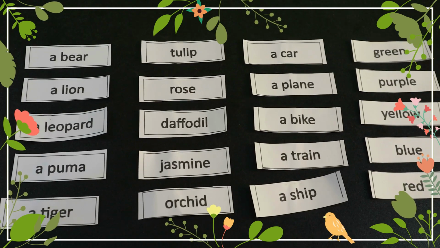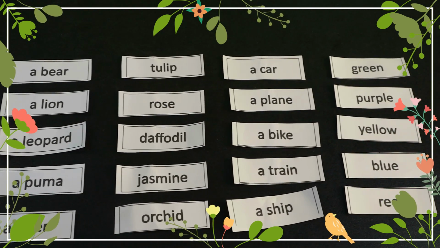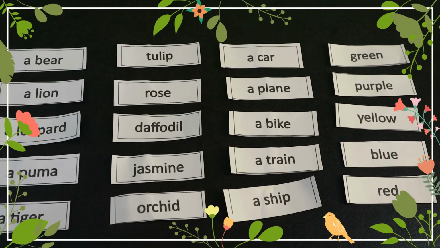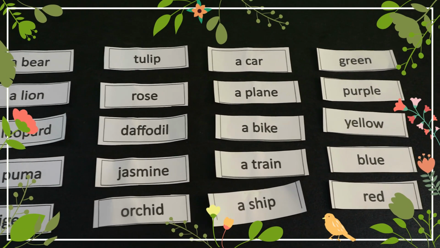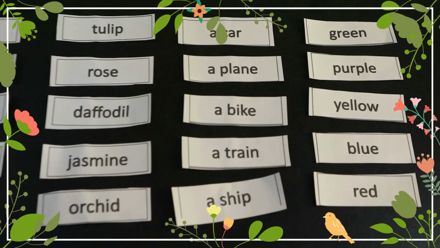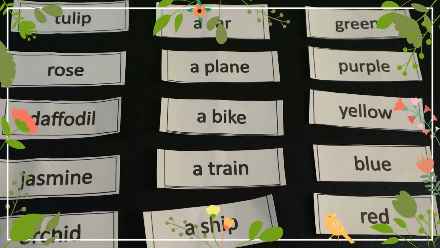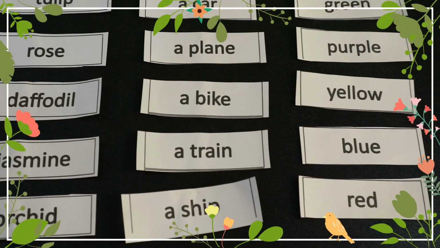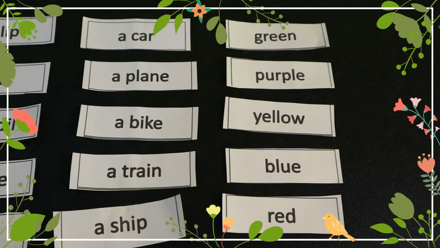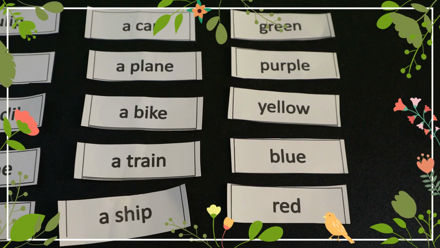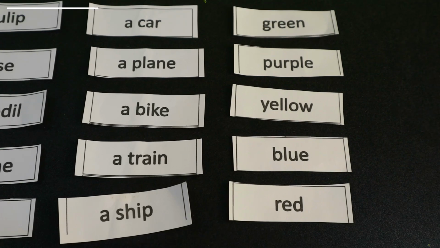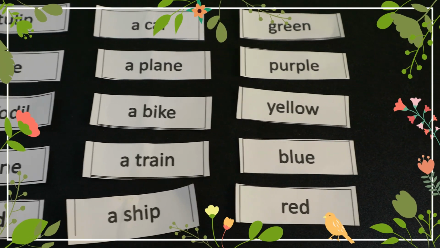And the next one from left to right are the names of flowers: tulip, rose, daffodil, jasmine, and orchid. And then the next one would be names of transport: a car, a plane, a bike, a train, and a ship. And the last, or the 4th group, the names of colors: green, purple, yellow, blue, and red.